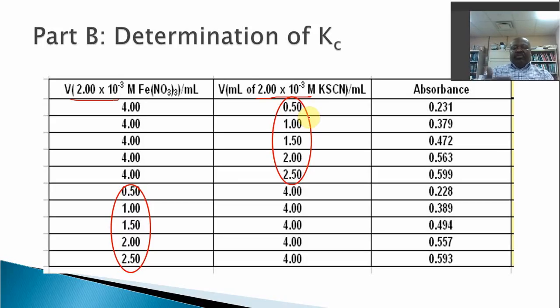They don't have to be 0.002, it could be 0.001, but they're about equal. And so in this case, 4 milliliters of the iron 3 plus in a cuvette. Add 0.50 milliliters of this. Stir, measure the absorbance.